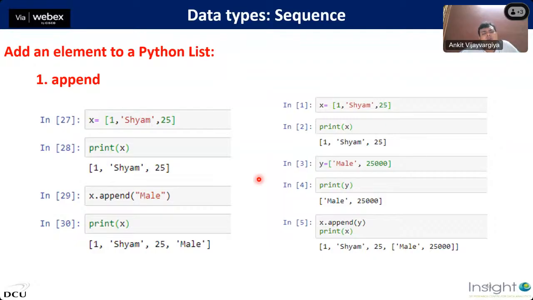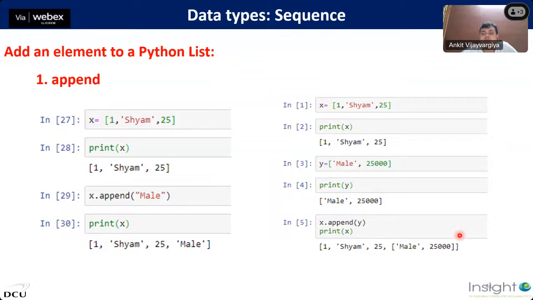So the issue with the append is, if you want to add an element at the end of the data, it works for only a single element. You can add a single element, but you cannot add multiple elements. Here you can see this male is a single element. Here is also a single element, a single list basically. This is not multiple data.